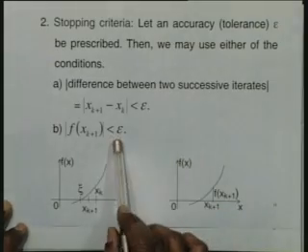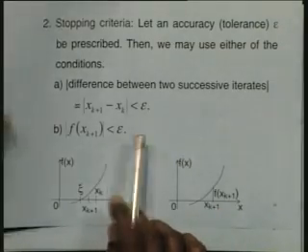Now, sometimes you may have to use both. The reason being, we would like to know when this criteria or that criteria may fail. Let us take this graph completely.